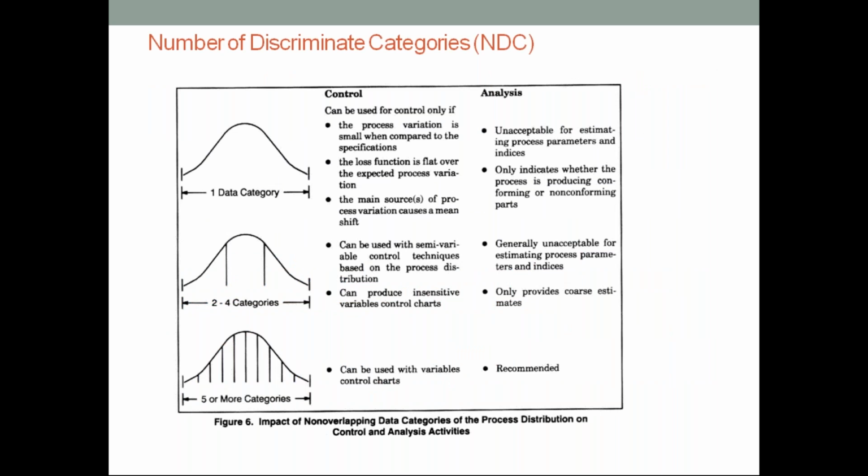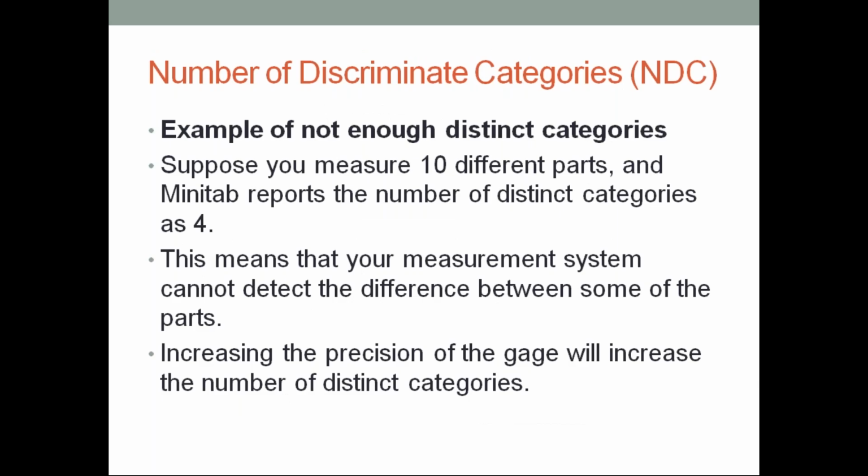Not very impressive. 2 to 4, still not very much resolution. 5 or more, I recommend 10, to have enough variation that you can tell what's going on within your process variation. And your process variation, if you think in terms of SPC, is that which you have within your control limits, because they were developed by determining what your expected process variation is going to be over time.